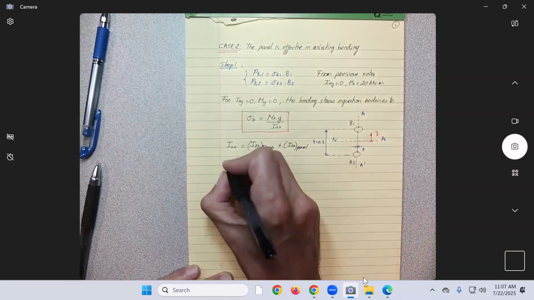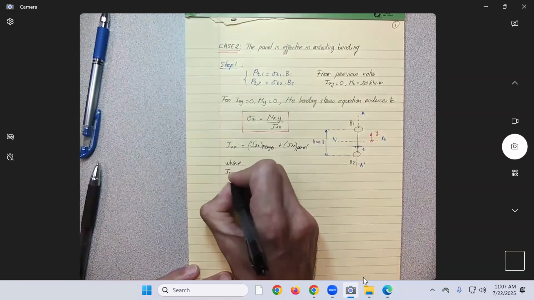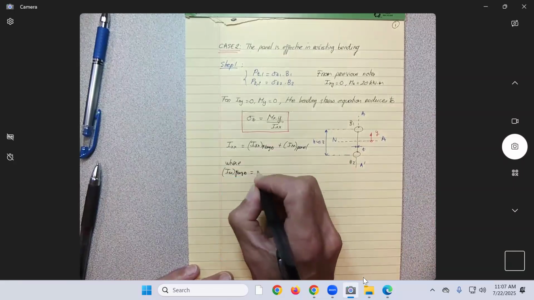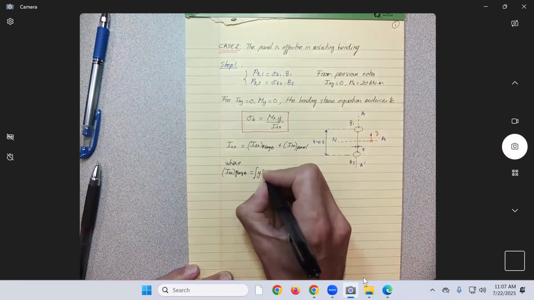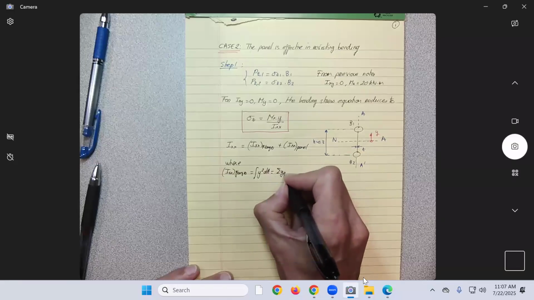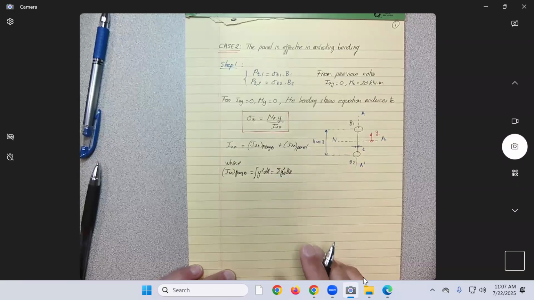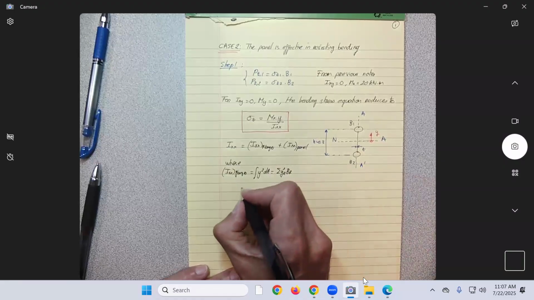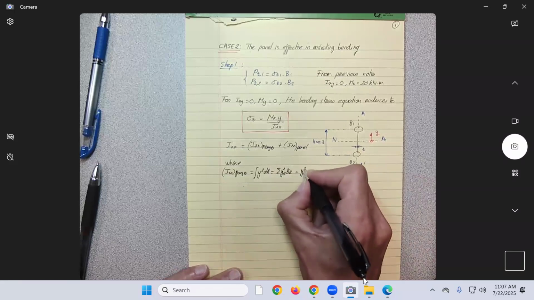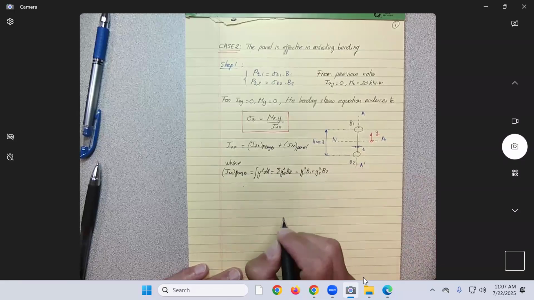Here I can say IXX flanges, the one we did before, will be equal to the integral of Y squared dA, which is the summation of Y sub r squared times B sub r. So in this case, we get Y1 squared times B1 plus Y2 squared times B2.